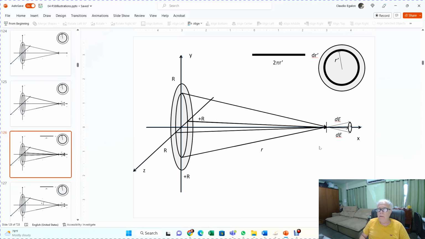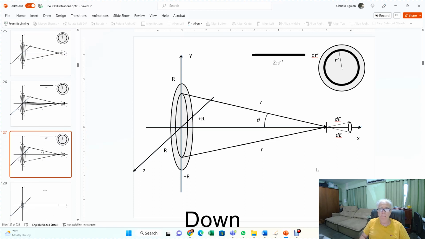Those uniformly charged rings are going to create a net electric field along the x-axis because the field itself is shaped like a cone, a cone that is going to have zero electric field along the y and z directions.